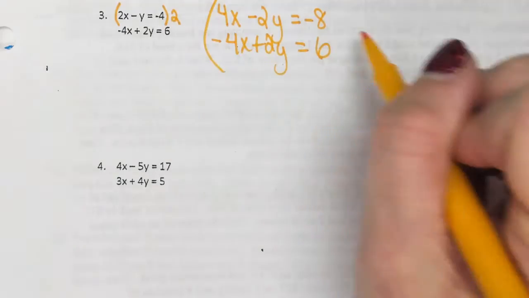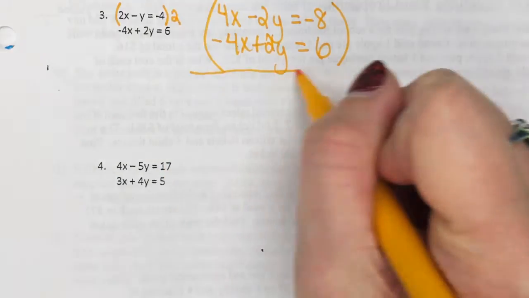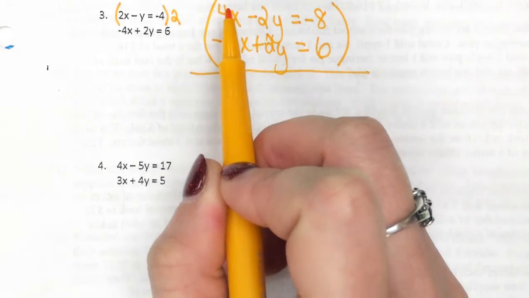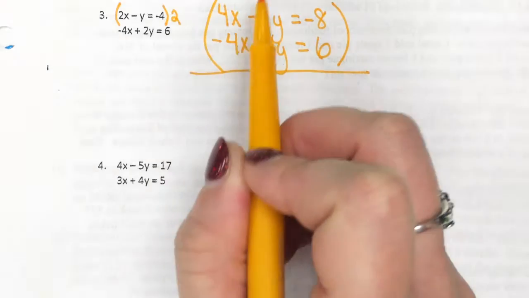All right, now the word is eliminate. So if you need to, use your calculator. Do I need to say 4 minus negative 4? Or do I need to say 4 plus negative 4? What eliminates them?